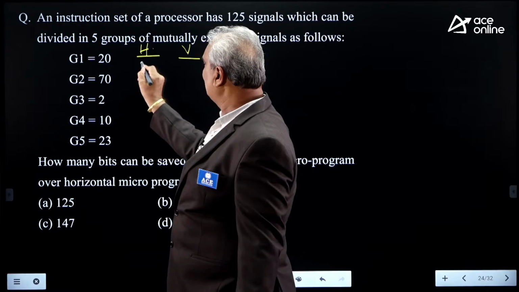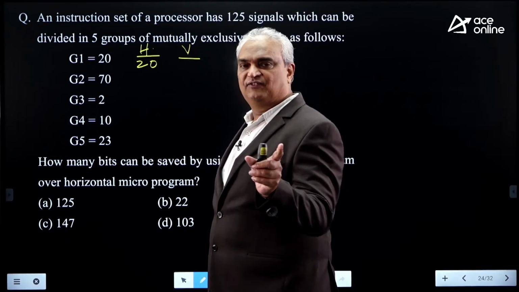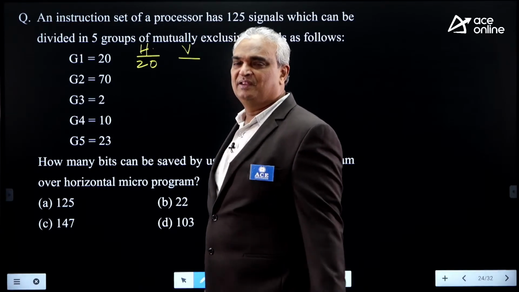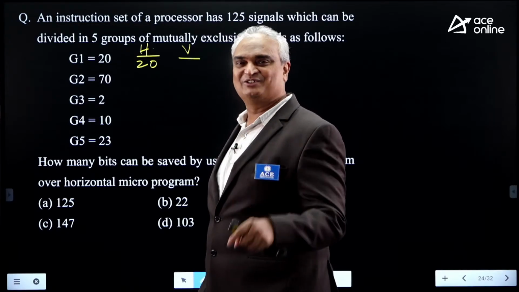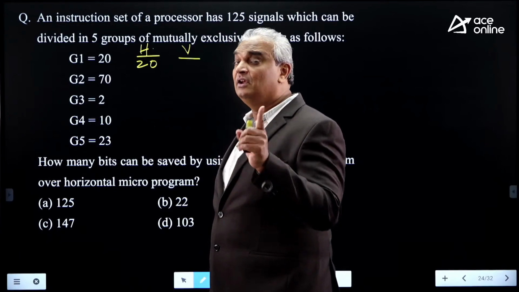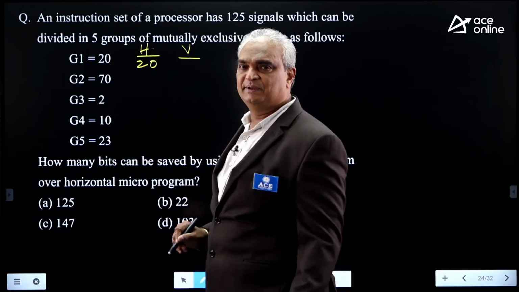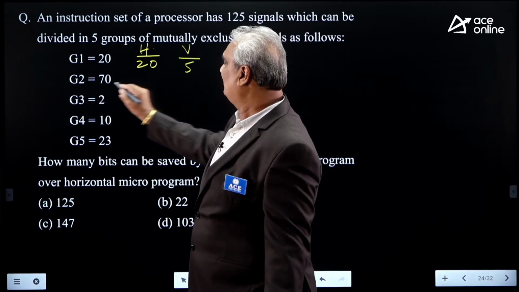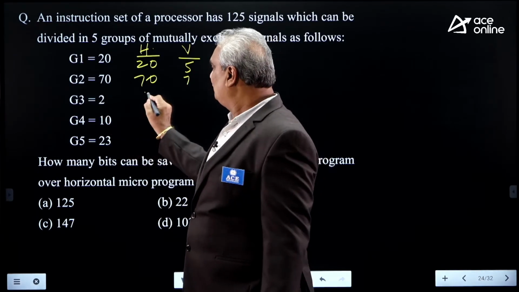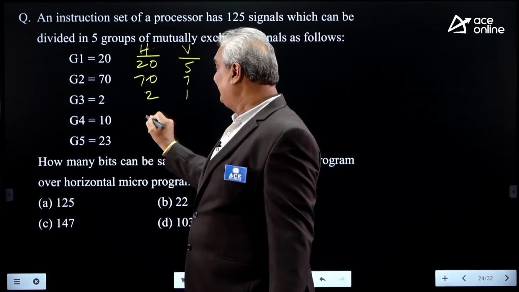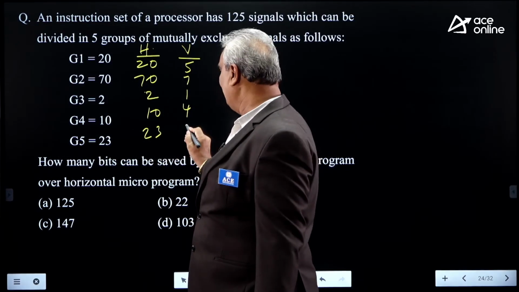If it is horizontal, 20; vertical, log 20. Because if control word size is n bits, horizontal requires n bits, vertical requires log n bits. That's why in this, log 20 means approximately 5. For this 70, log 70 is approximately 7. 2, 1, 10, log 10 means 4. 23, 5.